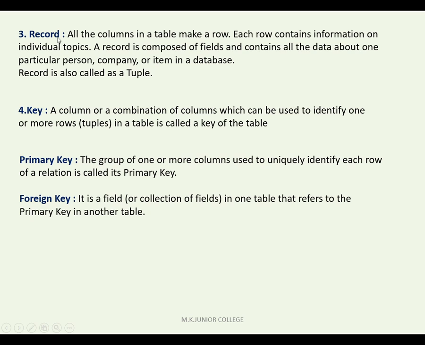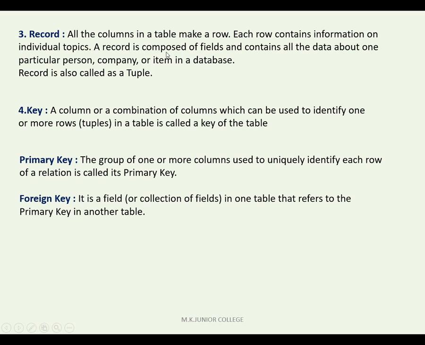Next is record. Again we know what a record is. All the columns in a table make a row. One particular row from your table is called a record. Each row contains information on individual topics.